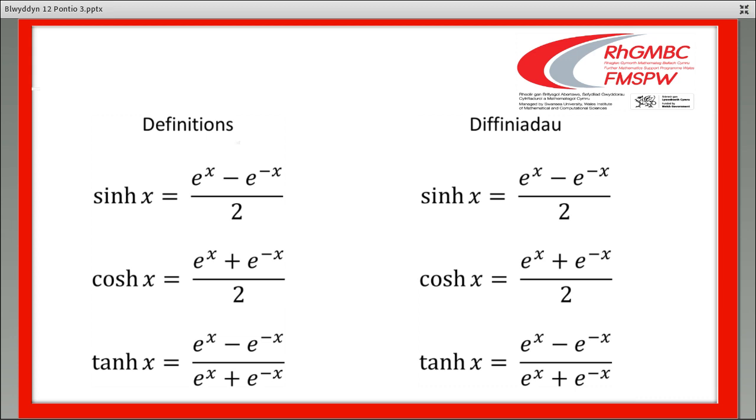Sinh is e to the power of x minus e to the minus x, all divided by 2. Cosh is e to the x plus e to the minus x divided by 2. And tanch is sinh divided by cosh, so that's e to the x minus e to the minus x divided by e to the x plus e to the minus x.